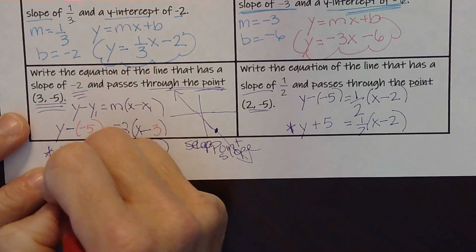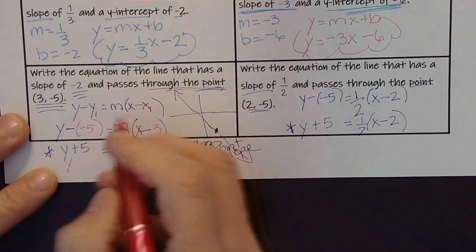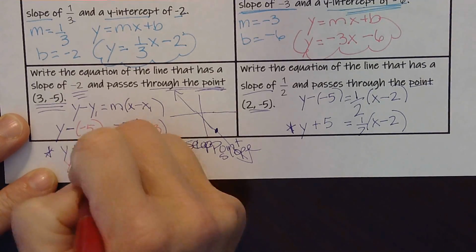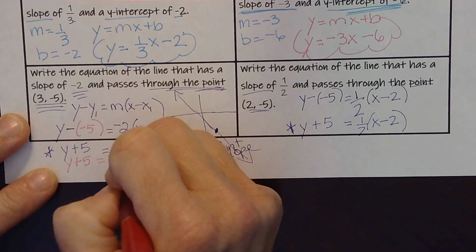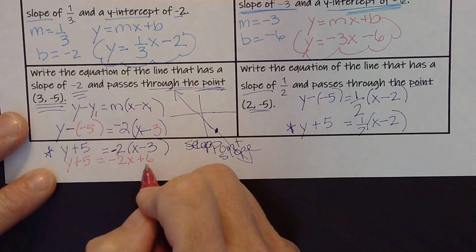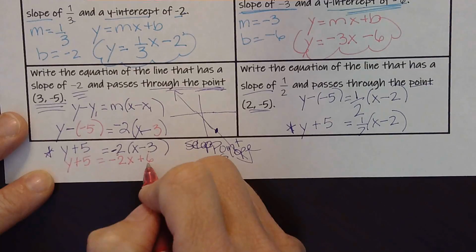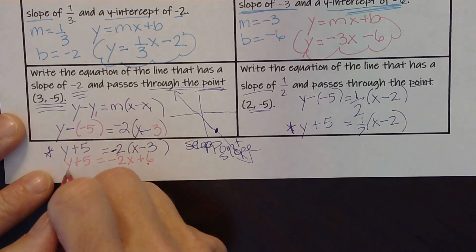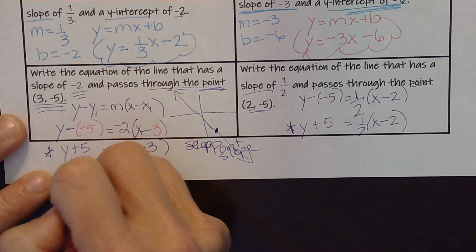So I'm going to do this. I'm going to distribute the negative 2. So I have y plus 5 equals negative 2x plus 6. The negative 2 times the negative 3 is positive 6. And now all I have to do to get y by itself is subtract 5.